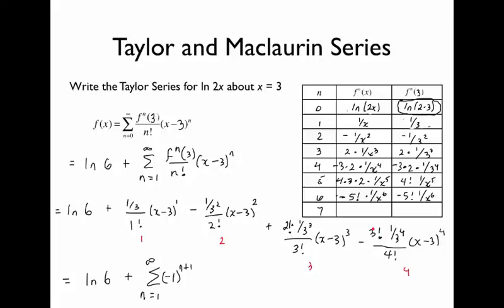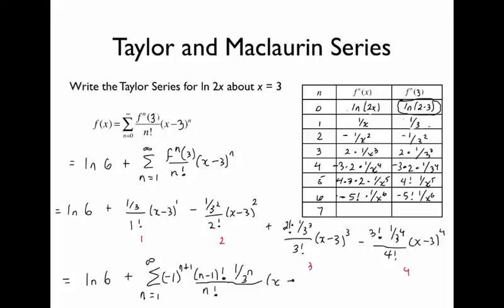We have this factorial that's 1 less than our value of n, so n minus 1 factorial, over n factorial, from the general formula. And then 1 over 3 to the whatever the index is.